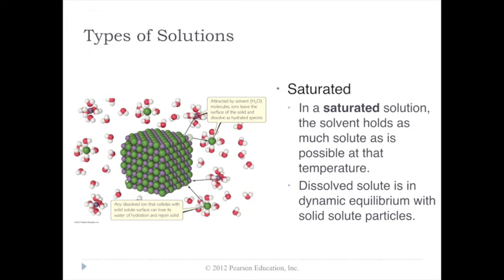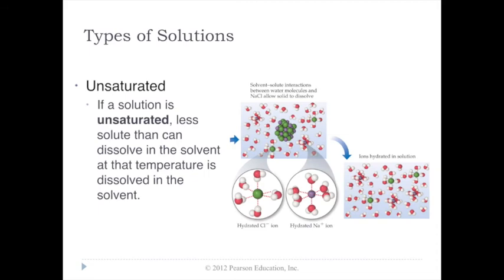Remember, temperature plays an important role, because if we change the temperature, it changes the solubility. So if I increase temperature, for the most part, we can dissolve more solute into the solvent.